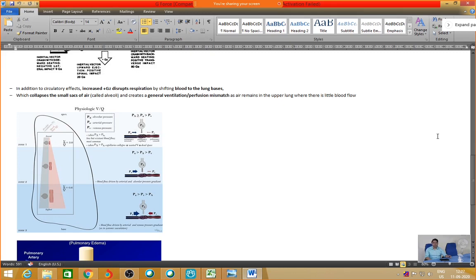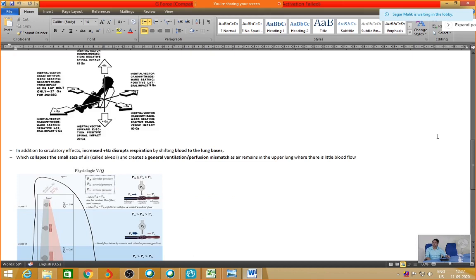This tends to occur in the lung bases, which receive an accelerated amount of blood flow. That means there is a very large difference between ventilation and perfusion. The lower lobes of the lungs, the base, will have an augmented perfusion ratio with respect to ventilation. So they may leak out fluid, extracellular fluid, and pulmonary edema may develop. This is what you're supposed to know.